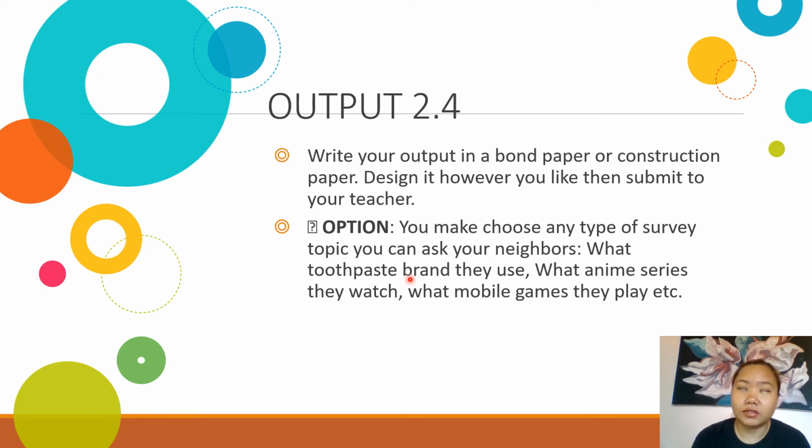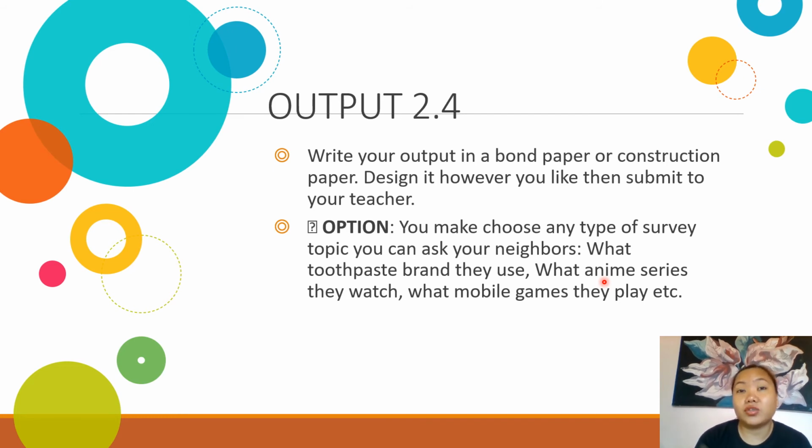Horror, love story, comedy. Or about anime. No? But if you talk about anime, and you're interviewing older people, their answers will be limited. Most likely, you will have a lot of answers if you interview people your age, no? But if we're talking about general, okay, so it depends.